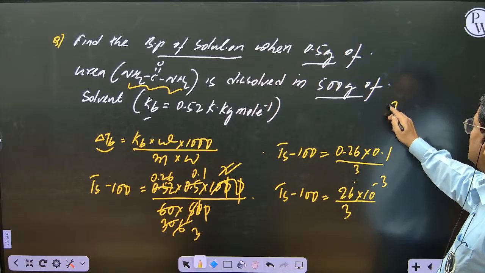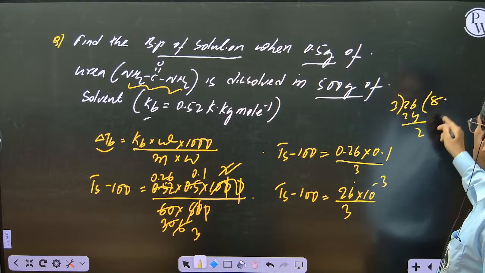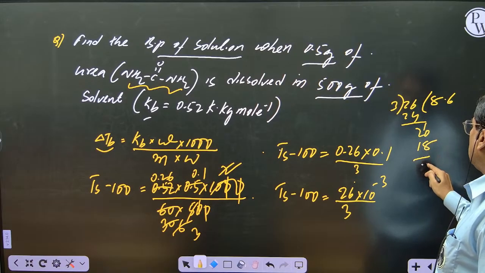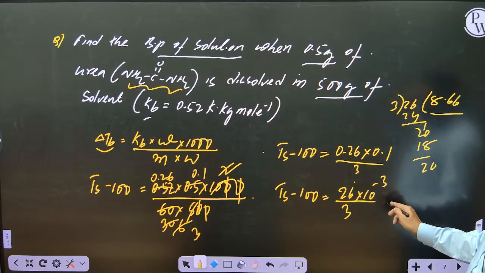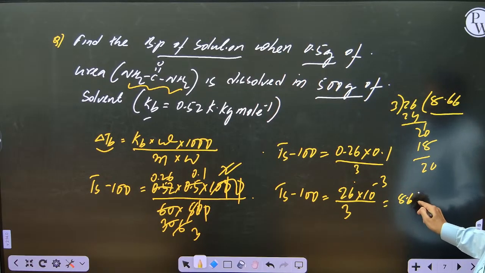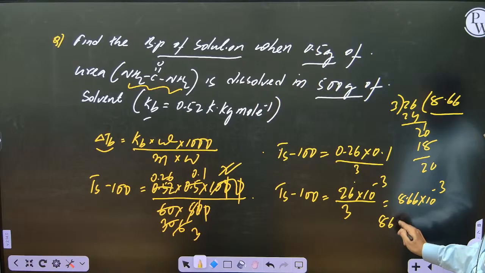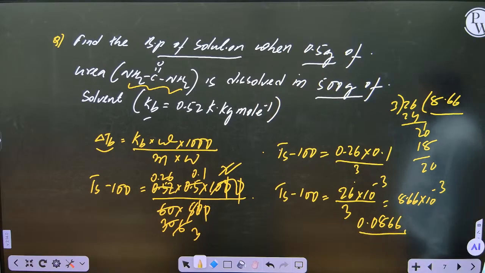Now divide 26 by 3. 3 8s are 24, 2 remains. 3 6s are 18. So 8.66 into 10 power minus 3. Means you move the decimal how many digits? 4 digits. So 8.66 means it is coming 0.0866.